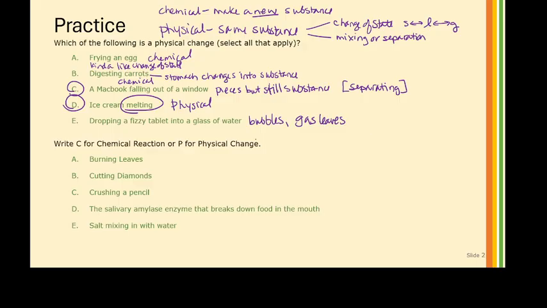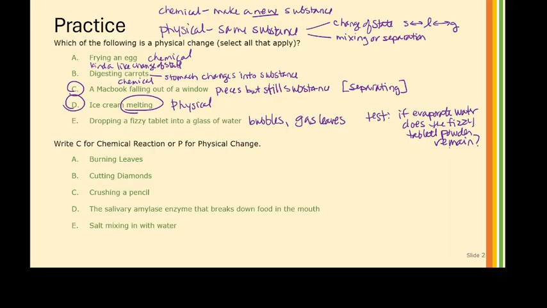So this is how I would test it: if you evaporate the water, does the fizzy tablet powder, it wouldn't be in tablet form, remain?